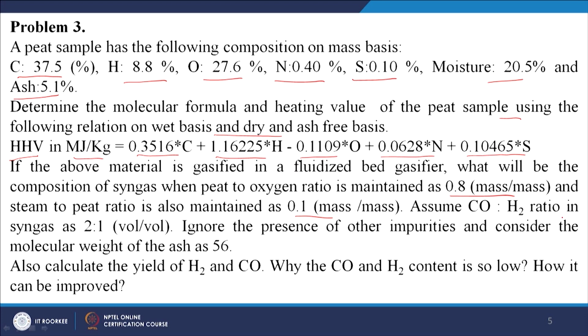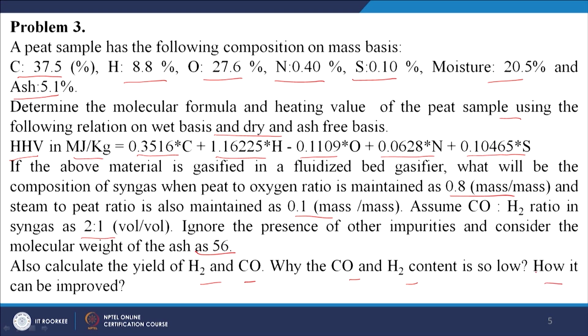Assume CO to H2 ratio in syngas as 2:1 volume by volume, and ignore the presence of other impurities and consider the molecular weight of the ash as 56. Also calculate the yield of hydrogen and carbon monoxide, and why the carbon monoxide and hydrogen content is so low, and how it can be improved.